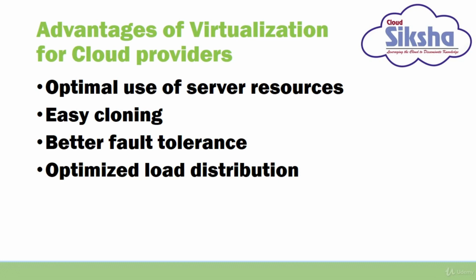First, of course, we saw it's the optimal use of all the server resources. So instead of your server running at 10%, 20% utilization, your server CPU, memory, hard disk, everything is running at a much higher utilization. So for the cost that you pay for the server, you are getting the maximum benefit.